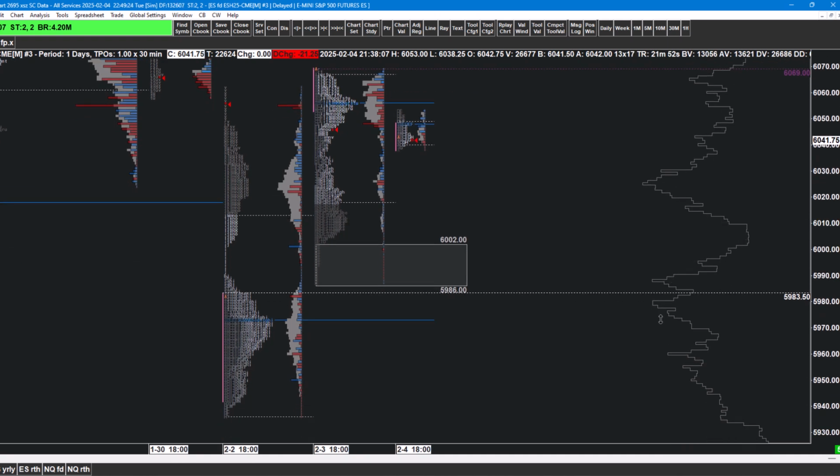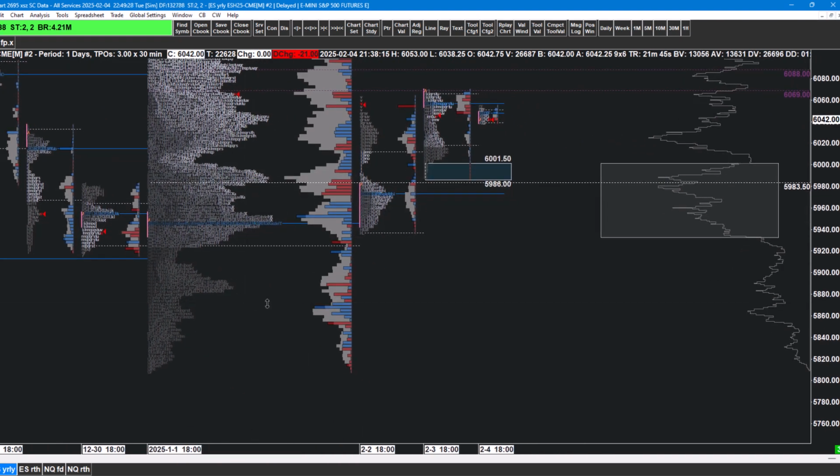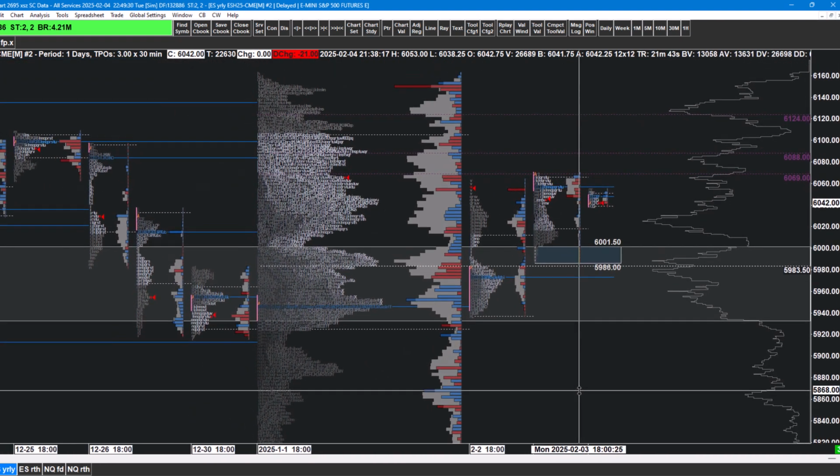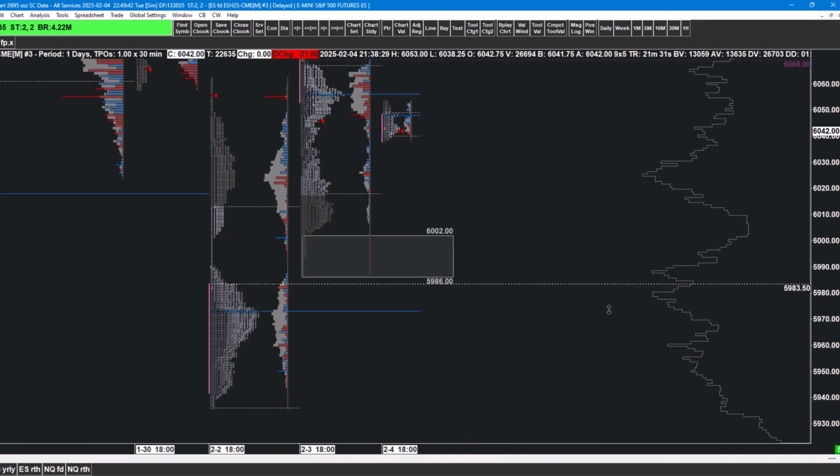We have this extreme, and you see this auction that's highlighted in gray. The extremes of this are these ledges, shelves, whatever you want to call them. Those are the extremes.